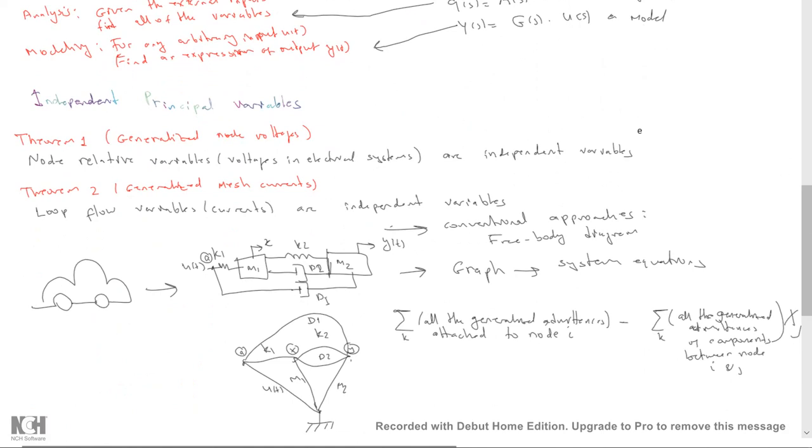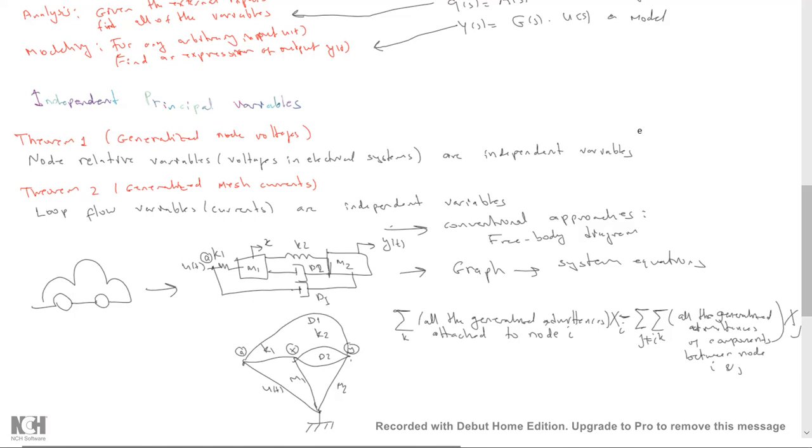Here I forgot to add times xi, minus. We do this for all the j's, all the nodes in the system except I. We try to find out if there are any components between node I and node j.